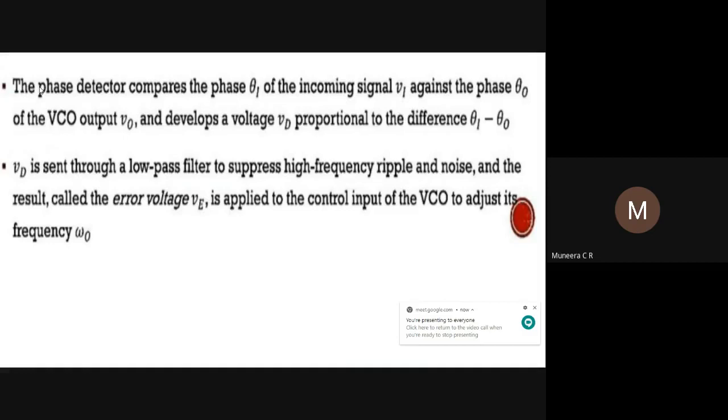And VD is sent through a low pass filter to suppress high frequency ripples and noise, and the result, called the error voltage VE, is applied to the control input of the VCO to adjust its frequency.